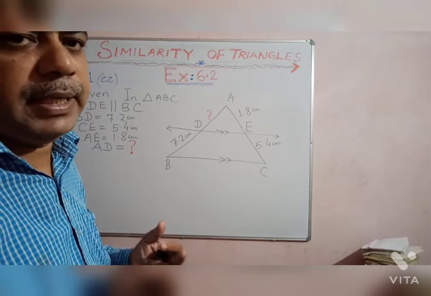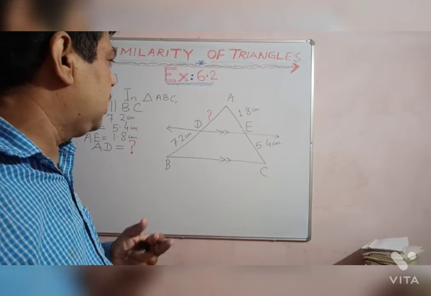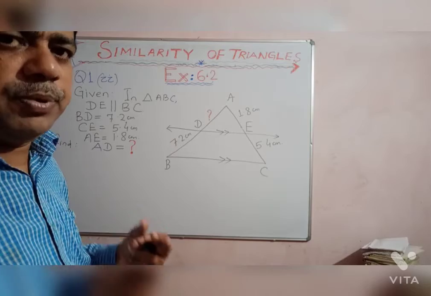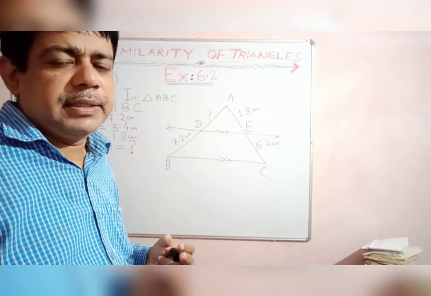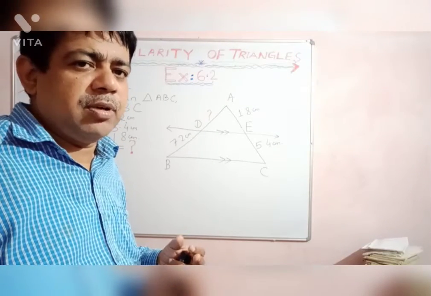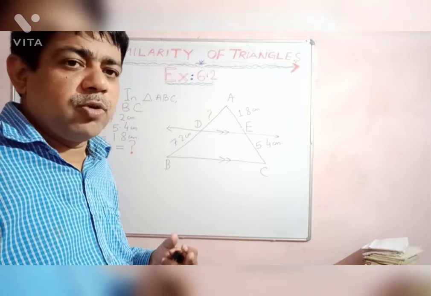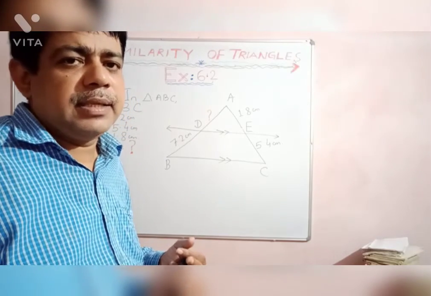What is the length of AD? It is very simple. Here, since the line DE is parallel to BC, we have to use the basic proportionality theorem. All of you know what the basic proportionality theorem is. Once again, can you tell me? If a line is drawn parallel to one side of a triangle, it intersects the other two sides in the same ratio.